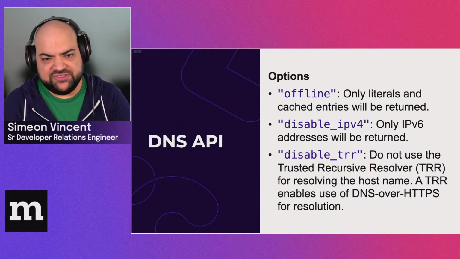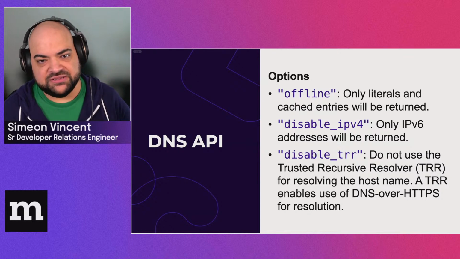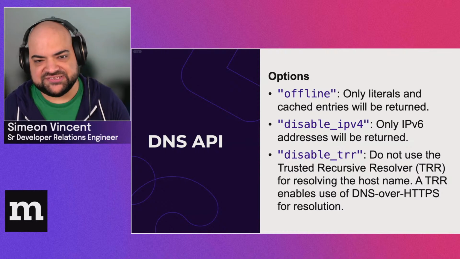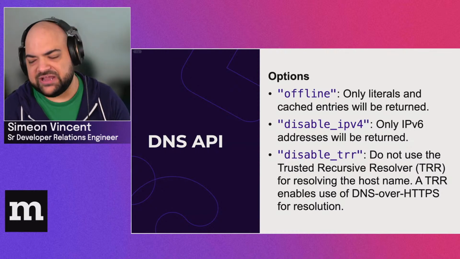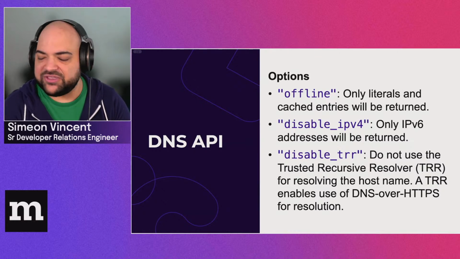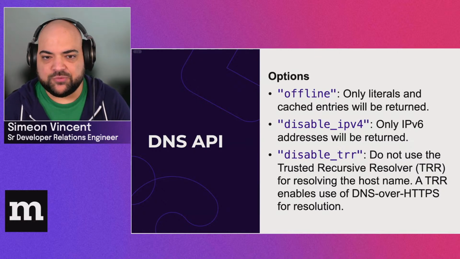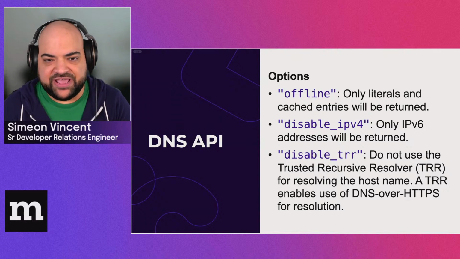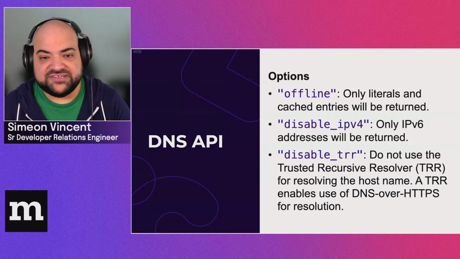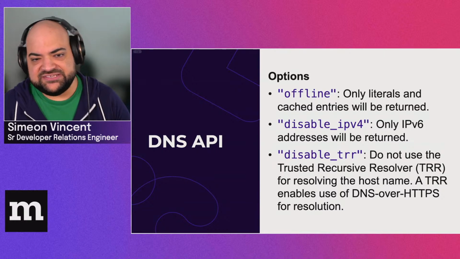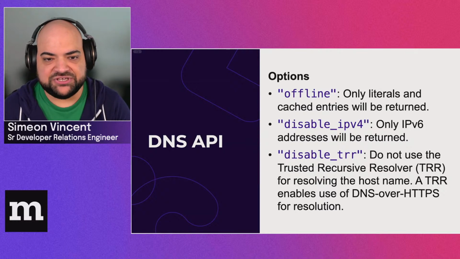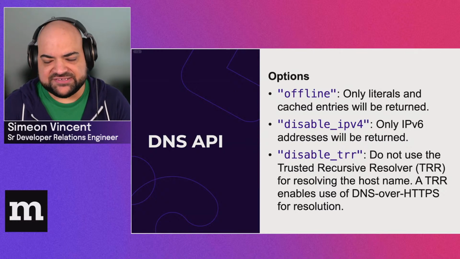Disable IPv4. If that's true, then you will only get IPv6, and reverse, disable IPv6, you will only get IPv4. So this allows you to start to debug and get into some of the lower level details about how your DNS resolution is taking place. And finally, disable TRR. TRR is Trusted Recursive Resolver, and that's the mechanism by which DNS over HTTPS works.